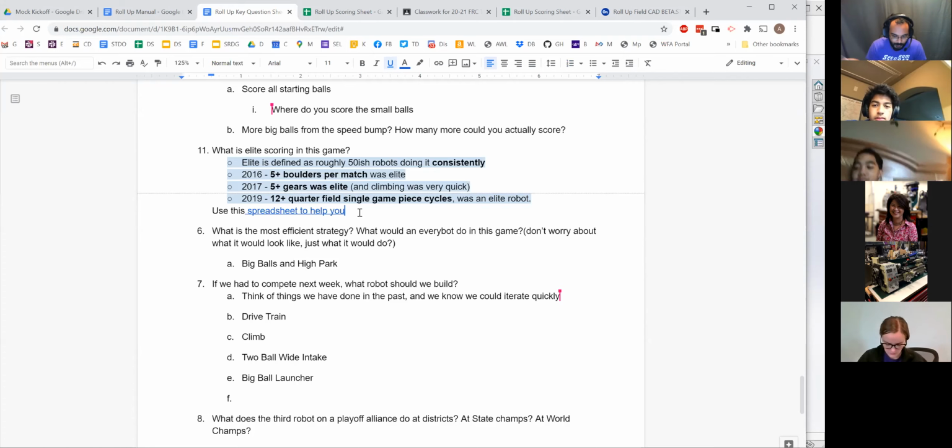Here, if you can intake those small balls while you're doing other things, there's not nearly as big of a time penalty to also launch those balls. It's almost just always bonus points if you can do it, even if you're not focused on it.